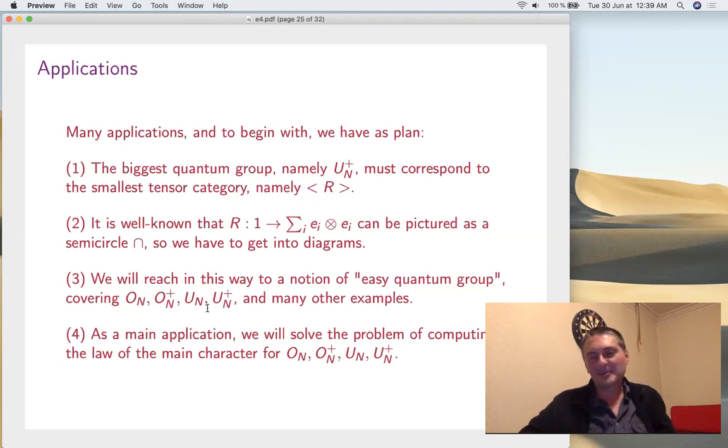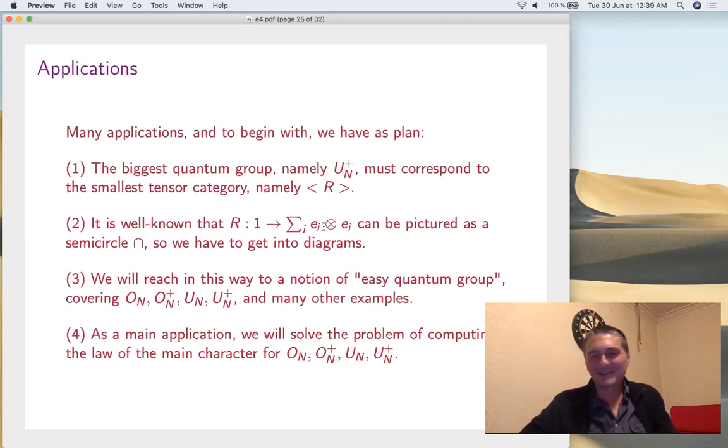So how to approach this? Well, it's just clear. U_N^+ is the biggest quantum group, so its tensor category is of course the smallest, right? It's generated by R. So you have to understand this category generated by R. That's your formula for R. Now, someone must tell you this idea, you know, finding it yourself.